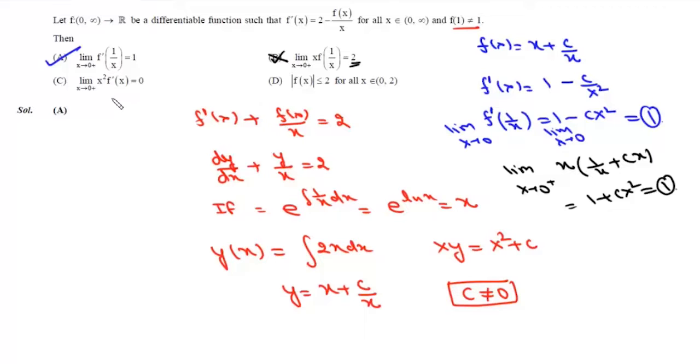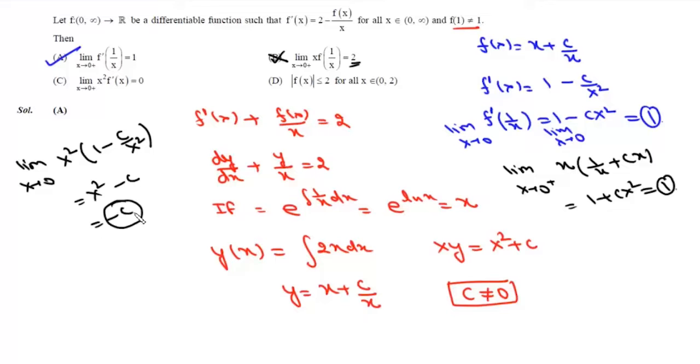Now this third one is x square into f'(x). That will be the limit x tends to 0 of x square, and f'(x) is 1 minus c upon x square. So it will be x square minus c. So the value of this limit is minus c, and since c is unequal to 0, it can never be equal to 0. That means option C is also incorrect.